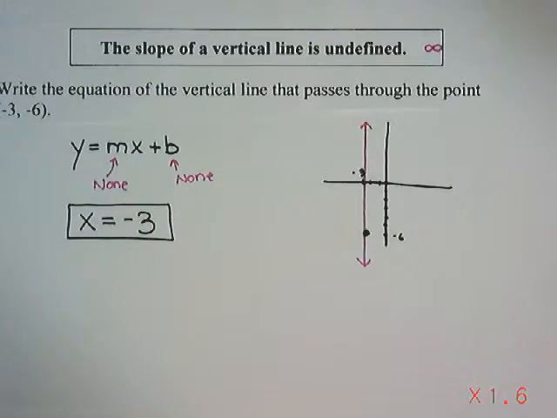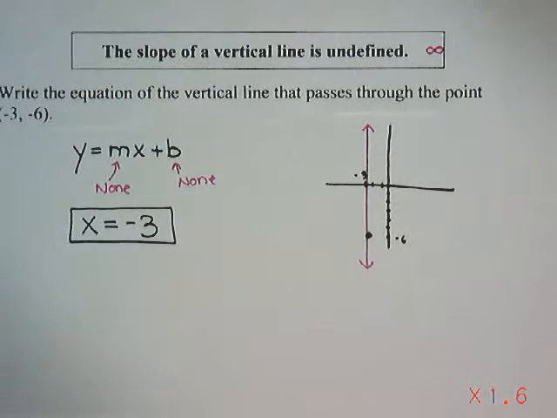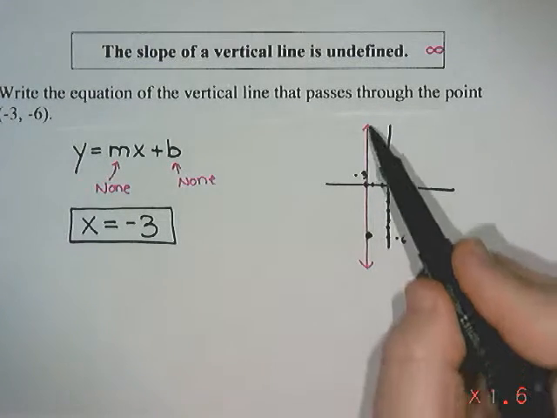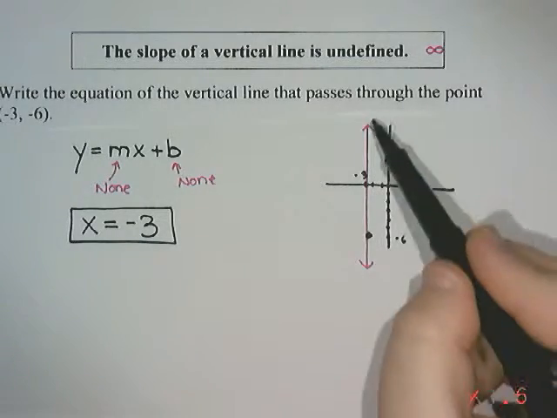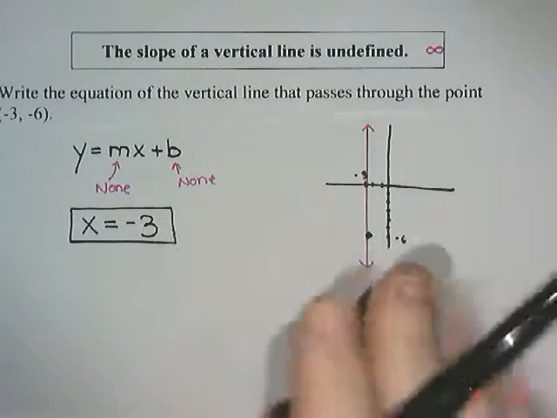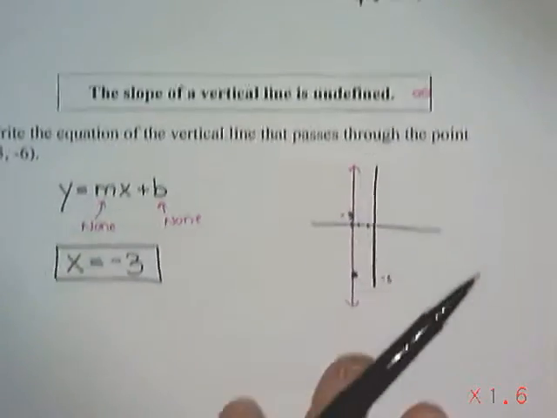So horizontal and vertical lines are just little tricky things you have to try to remember, right? So I like to draw a picture. It helps. If it crosses through the x-axis, it's going to be x equals. If it crosses through the y-axis, it's going to be y equals.